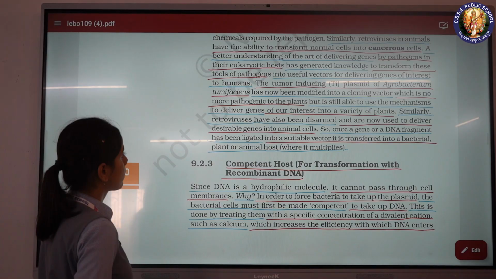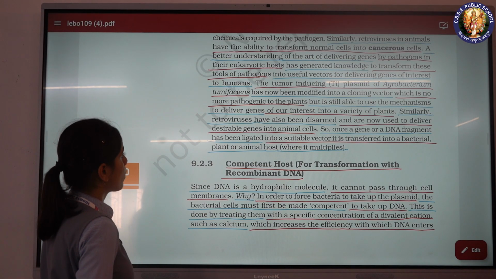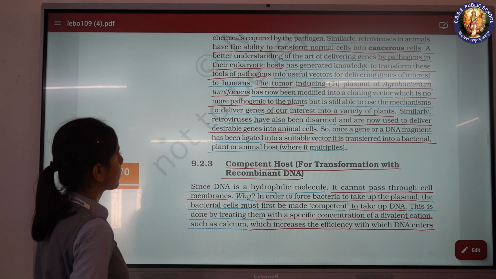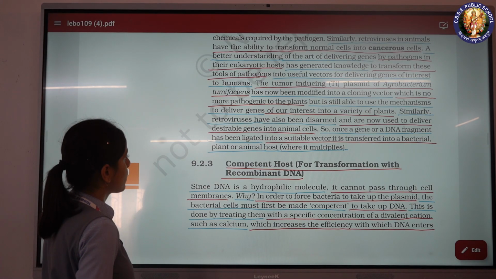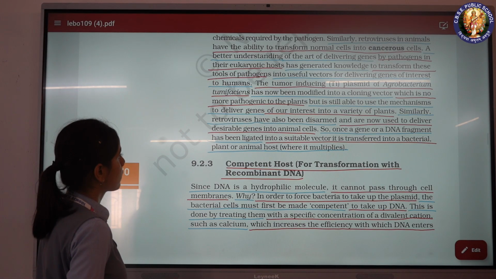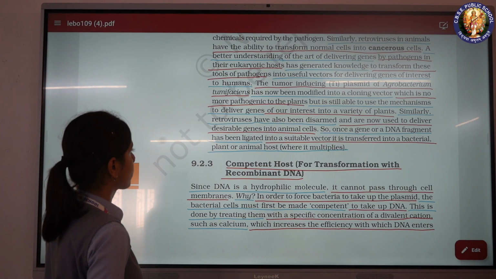Similarly, retroviruses have also been disarmed and are now used to deliver desirable genes into animal cells.